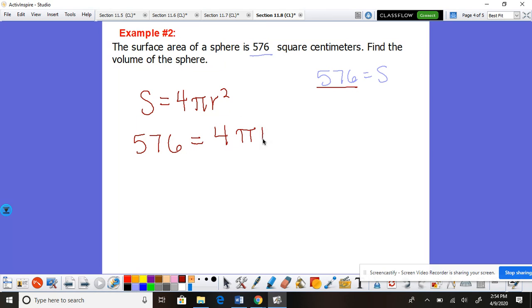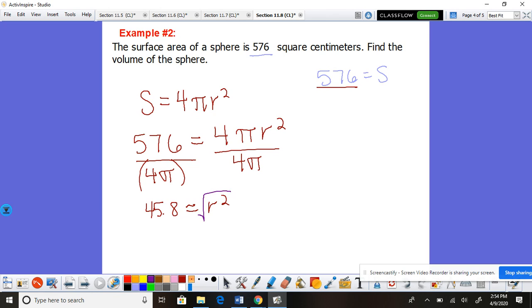That gives me 576 equals 4 pi r squared. From here, I want to divide by 4 pi. Remember when I do this, we put it in parentheses in my calculator. And when I do, I get 45.8 is roughly r squared. Now to go from r squared to r, let's square root that. This is rounded, guys, so about 6.77 is about r.